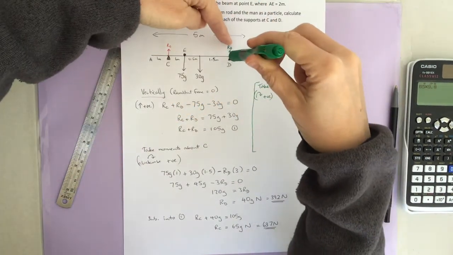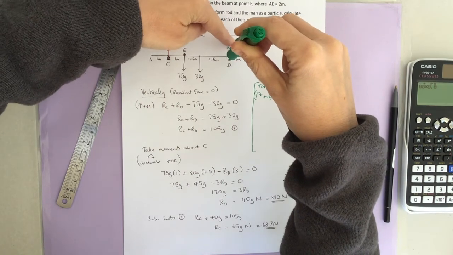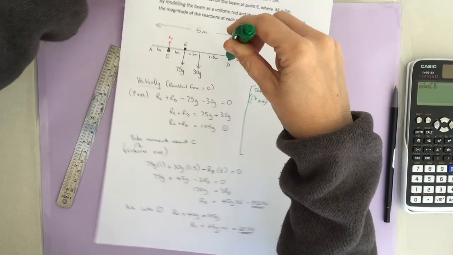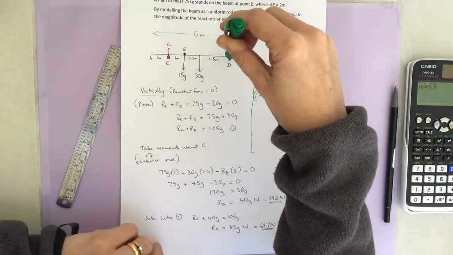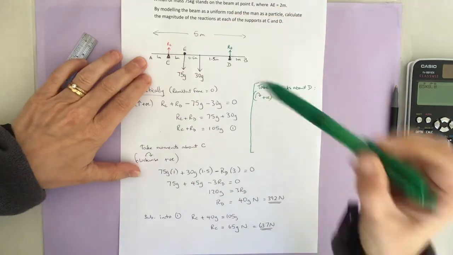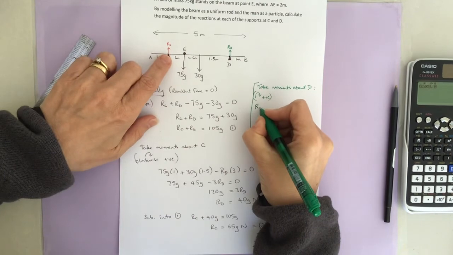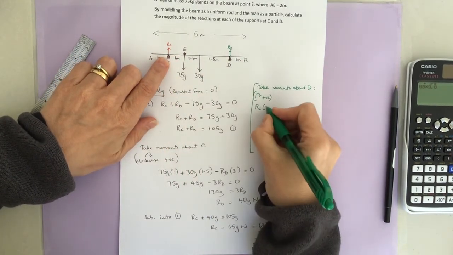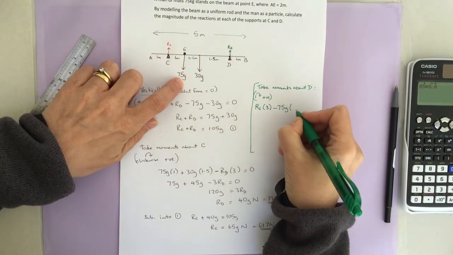this reaction force now is not having any turning effect at all, so no moments there. This reaction force at C is pulling my sheet of paper that way, so that's clockwise, whereas these two are pulling this way, so they're both anti-clockwise. So that would give me the reaction at C times this distance to D, which is 3, and then minus 75g, because that's causing an anti-clockwise turn.